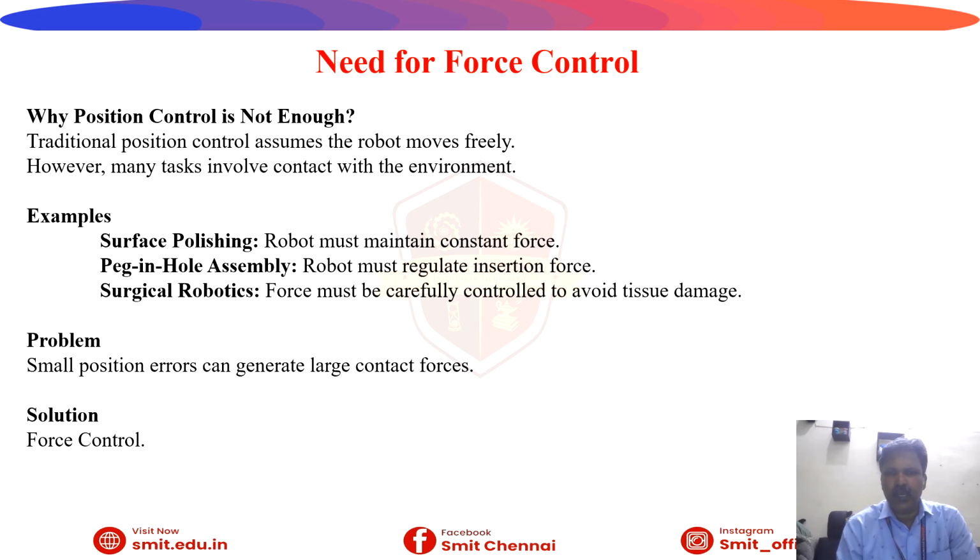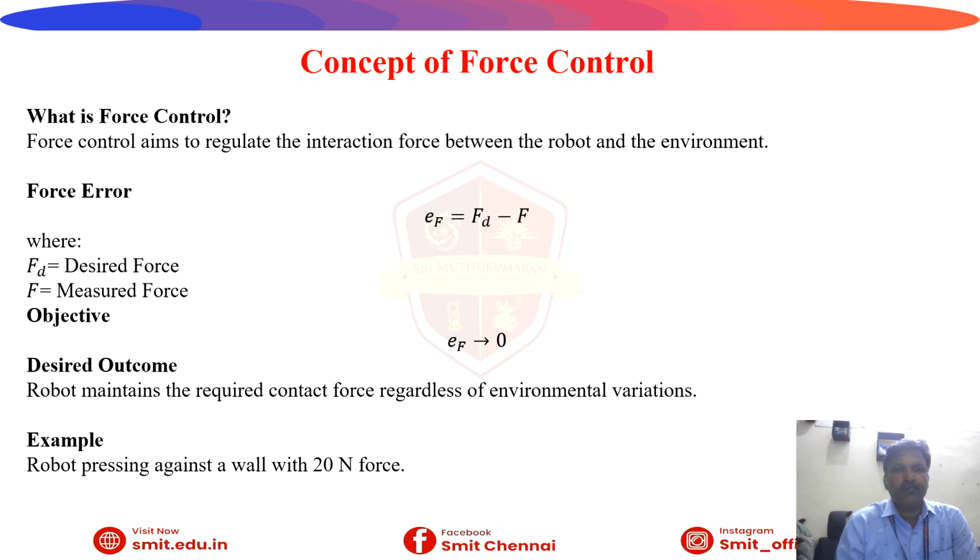Peg-in-hole assembly: the robot must regulate insertion force. In surgical robotics, force must be carefully controlled to avoid tissue damage. Problem: small position errors can generate large contact forces. Solution: force control.